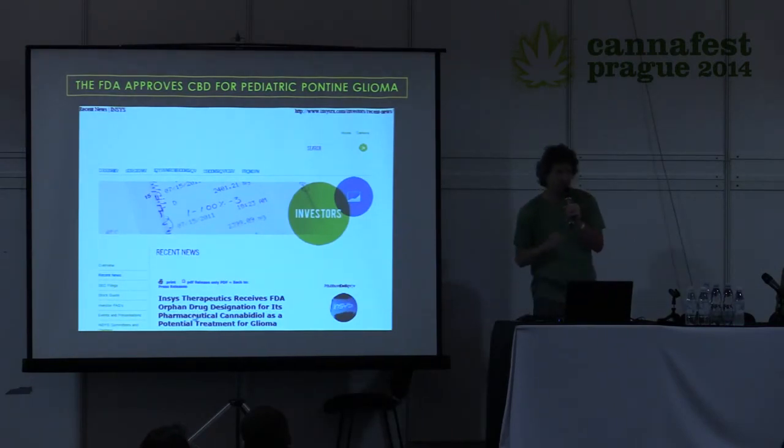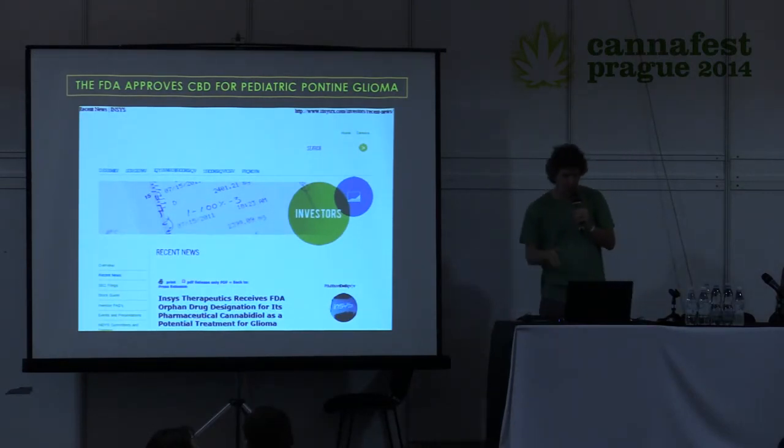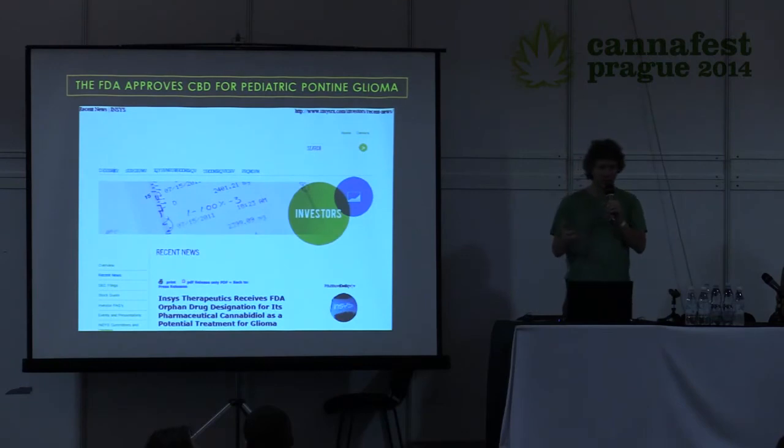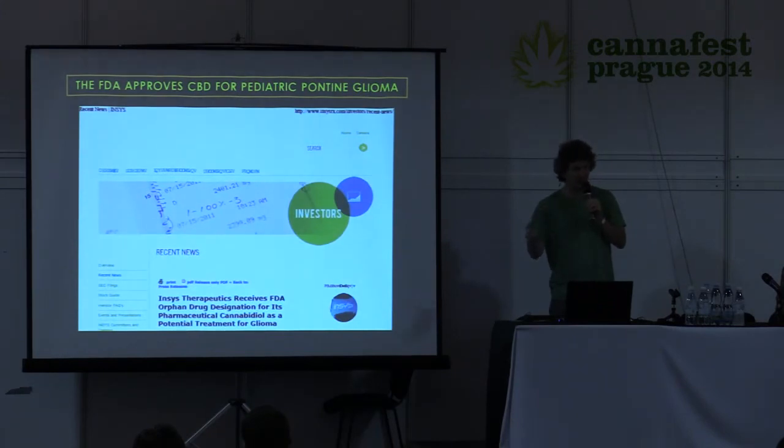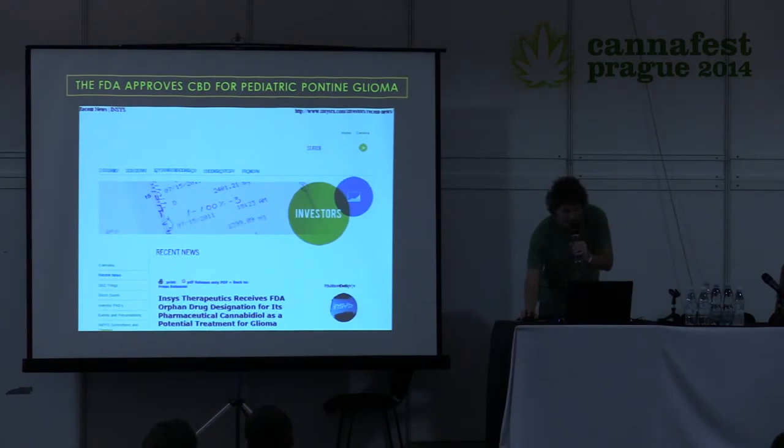An orphan disease is a disease that cannot be treated with the standard therapy. So at least with this official approval, some patients in the States will be able to benefit from cannabidiol for the treatment of their gliomas, besides all the people that are taking cannabis extracts and so on. But in this case, they can do it legally.